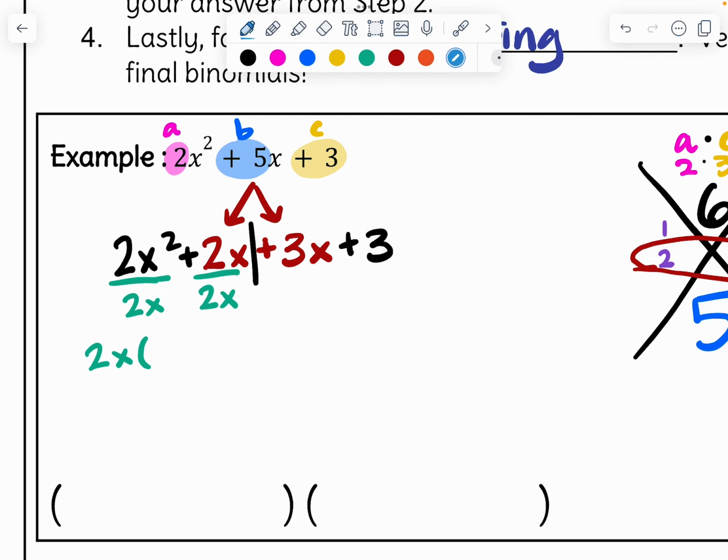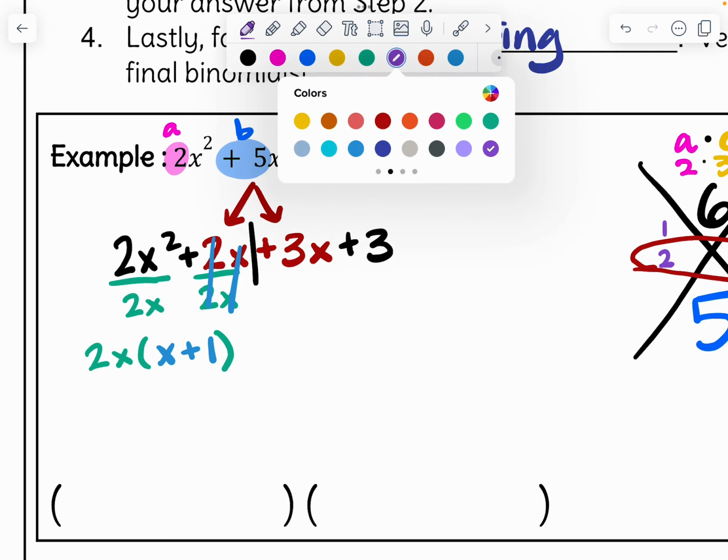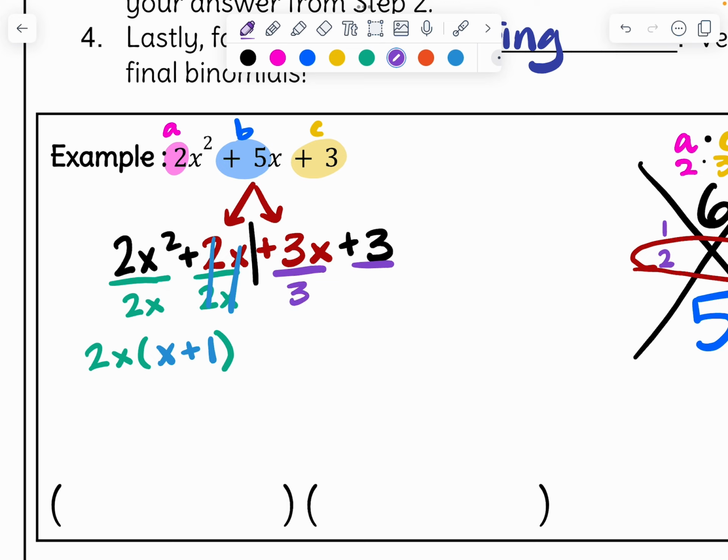When I divide, I get x plus 1. 3 divided by 1 is 3, so that's what I'll factor out of the right side. So I'll write plus 3 and divide x plus 1.